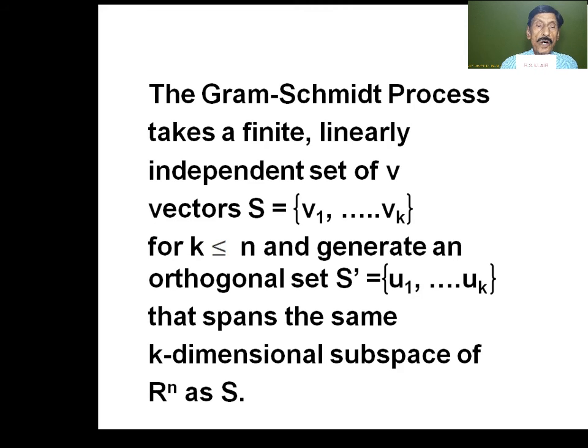The Gram-Schmidt process takes a finite, linearly independent set of vectors S is equal to v1 up to vk for k less than or equal to n and generates an orthogonal set S dash is equal to u1 up to uk that spans the same k-dimensional subspace of Rn as S.